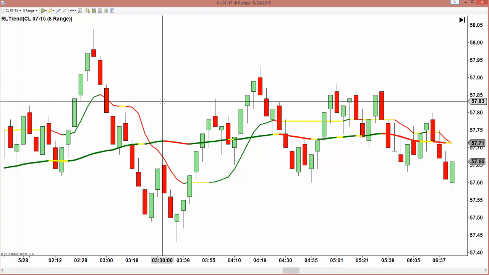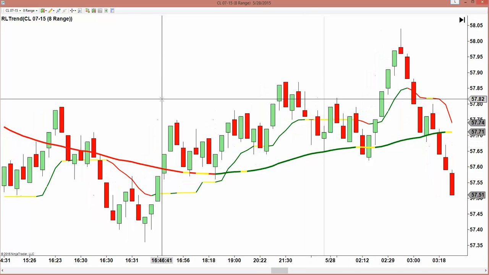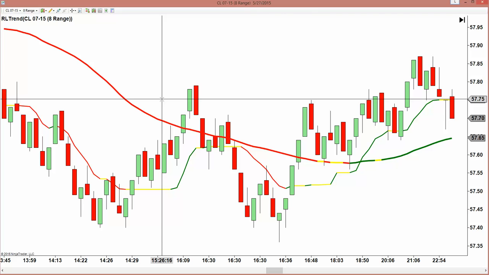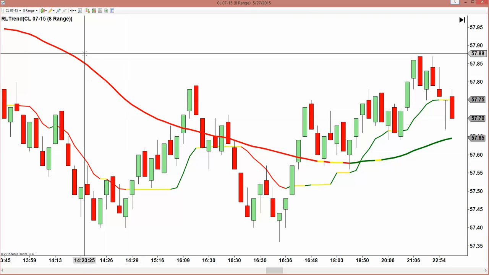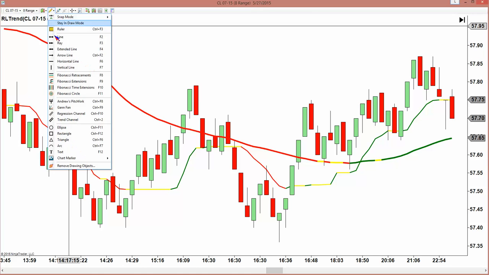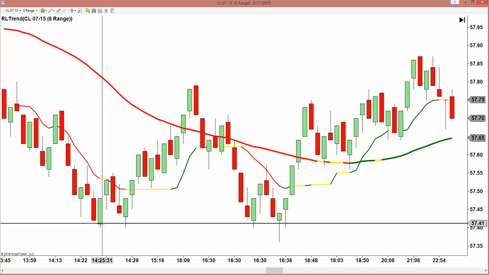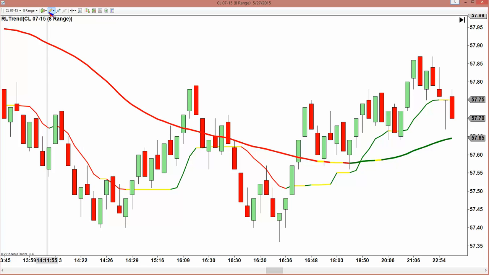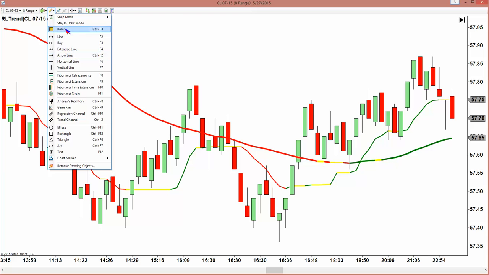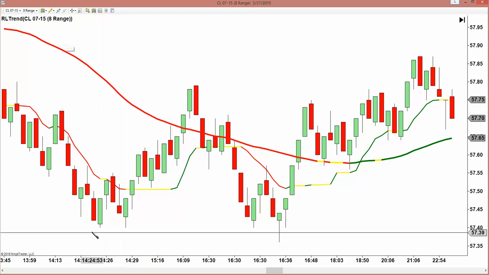But if you're going to use price to do this, you're going to have to call tops and you're going to have to call bottoms. And here's an example. And this is essentially Fibonacci retracement, which I'm not a big fan of, as I had mentioned.